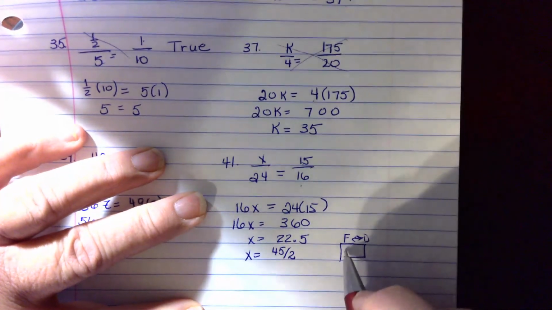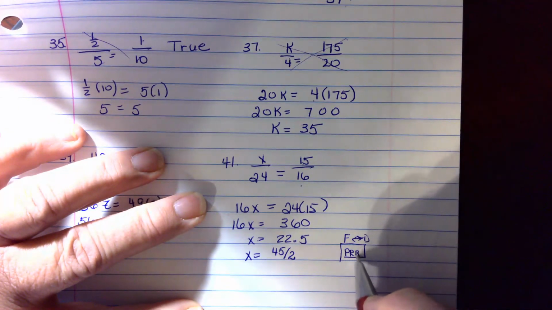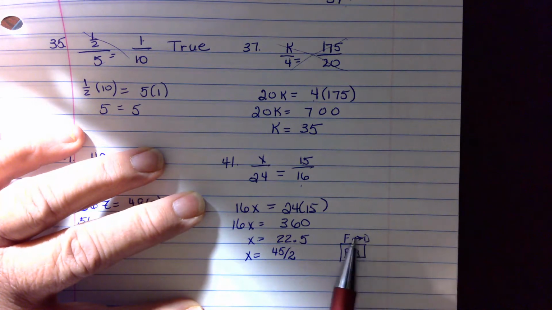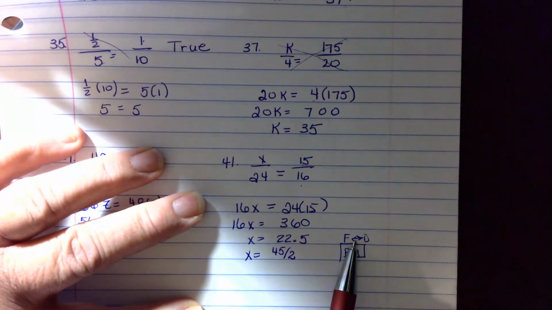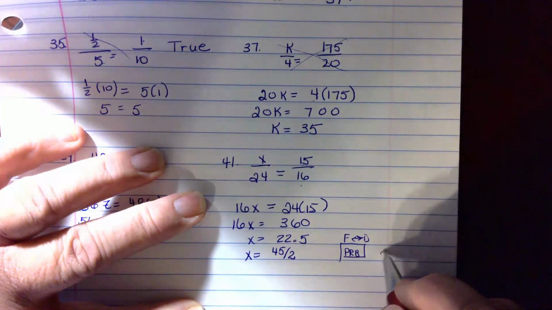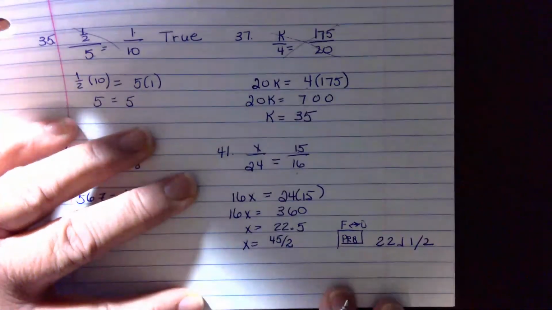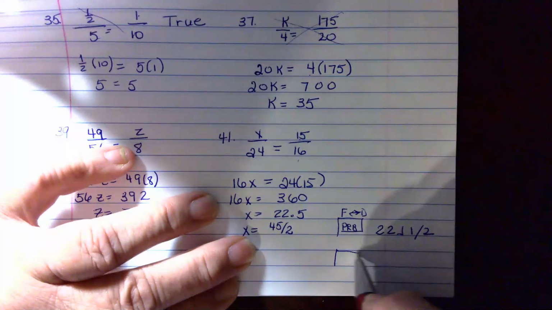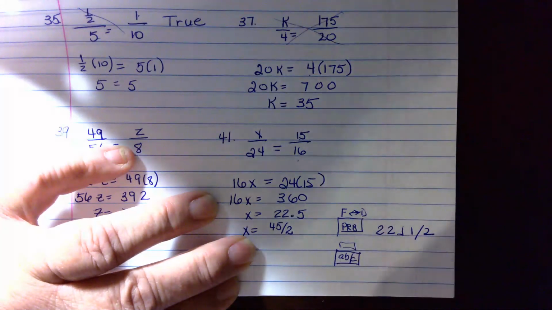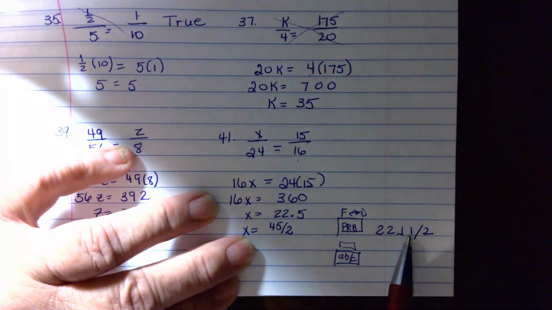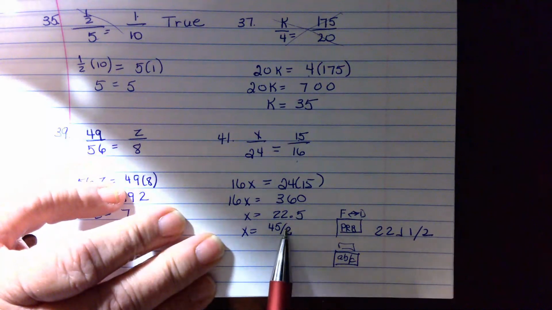I think this says PRB. That allows you to change from a fraction to a decimal or a decimal to a fraction. So if you press second to activate that, you're going to get 22 1/2 on your calculator. And then you remember the second function of the fraction key allows you to change a mixed number into an improper fraction.